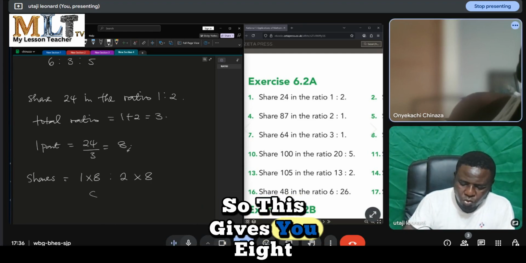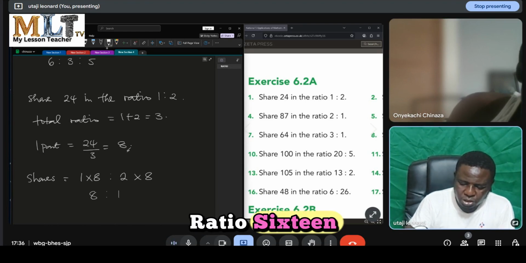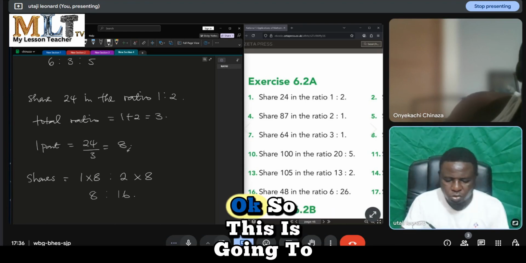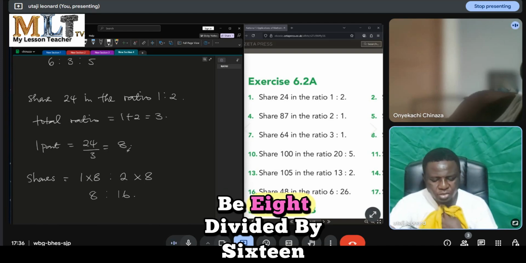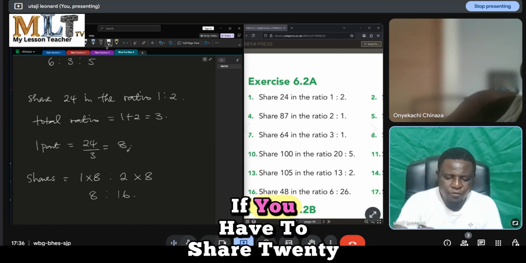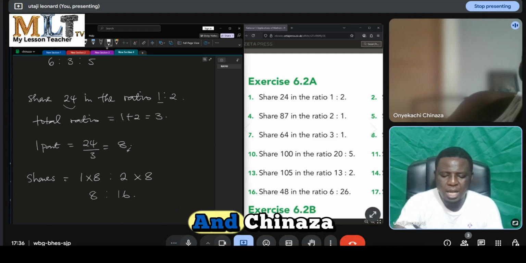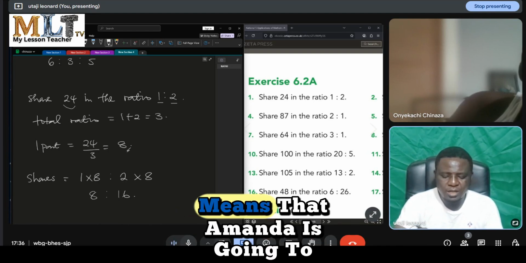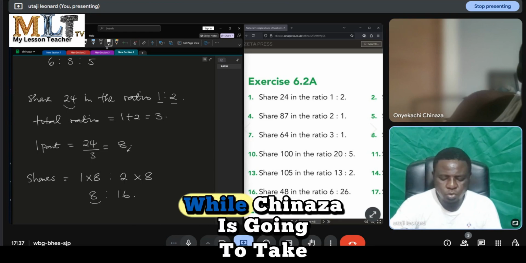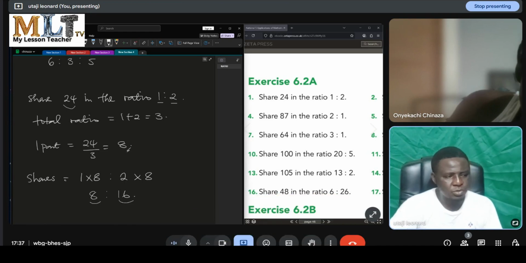This gives you 8 and 16. Meaning if you are to share 24 pounds between Amanda and Chinaza, Amanda is going to take 8 pounds while Chinaza is going to take 16 pounds. Is that clear?